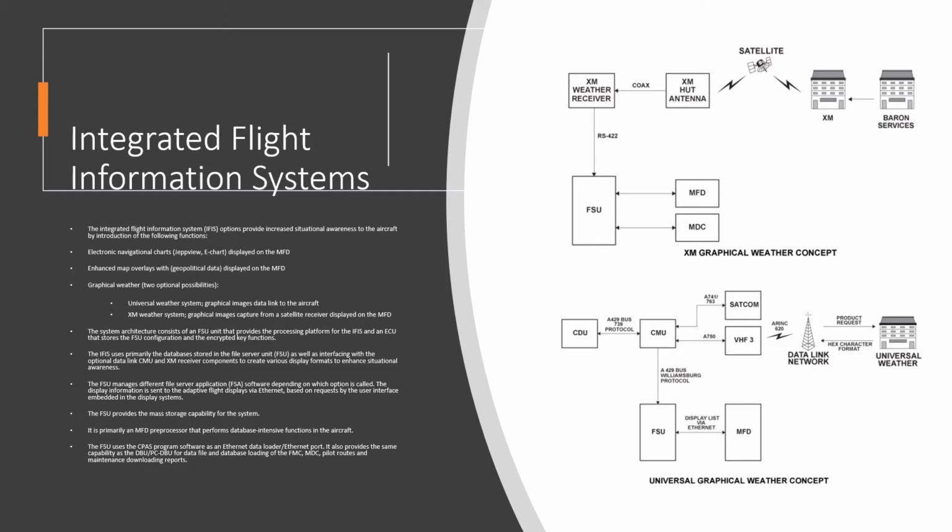It is primarily an MFD processor that performs database-intensive functions in the aircraft. FSU uses the CPAS program software as an Ethernet data loader, Ethernet port. It also provides the same capability as a database unit or PC database unit for data file and database loading of the flight management system, the MDC, pilot routes, and downloading maintenance reports.